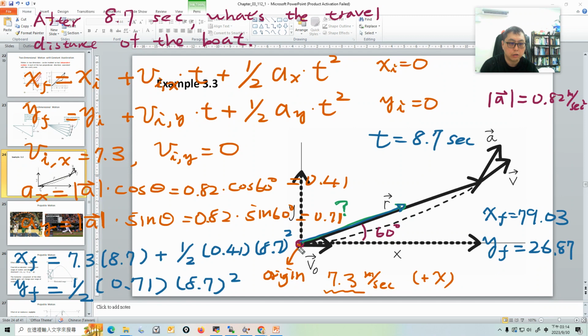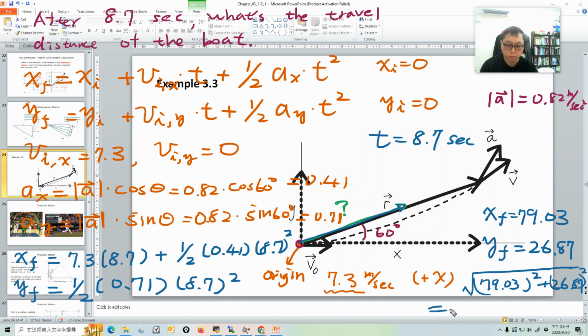So the displacement can be composed in two dimensions: the x component is about 79 meters, and y is about 27 meters. So the displacement is in this direction. The travel distance should be the square root of 79.03 squared plus 26.87 squared.